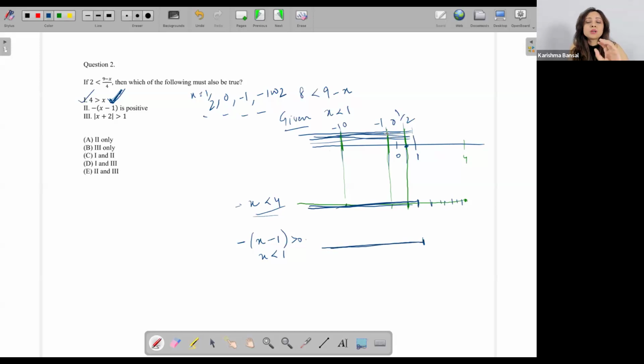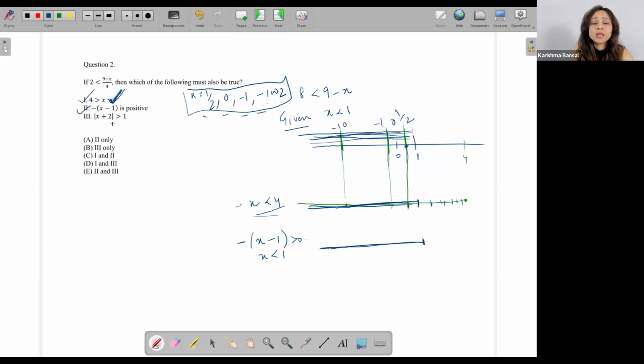These are the values which have been given. And for all these values, let's say for half and for 0 and for -1 and for -1002, x will remain less than 1. So, of course, it works as well. This is also necessarily true for all my values which are a possible value of x, and of course infinite values more, all of them are going to be less than 1. So this is also correct.